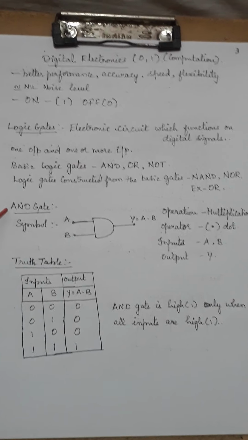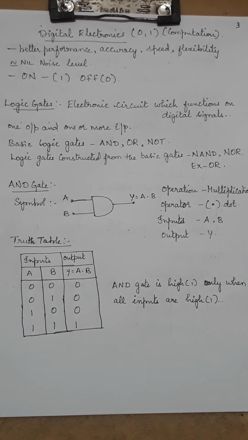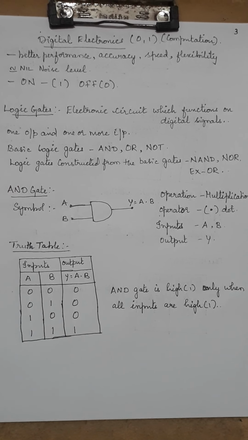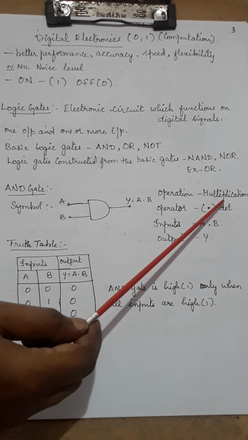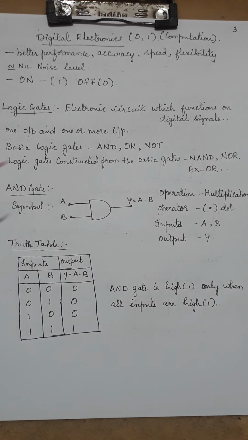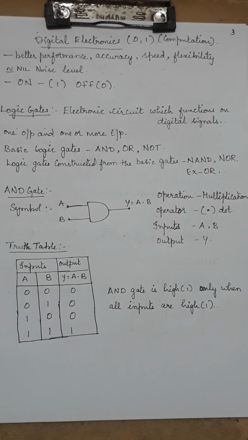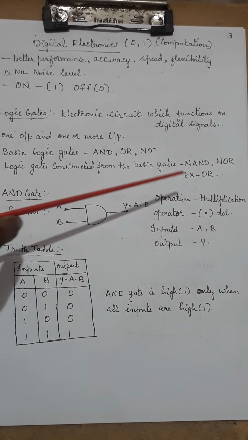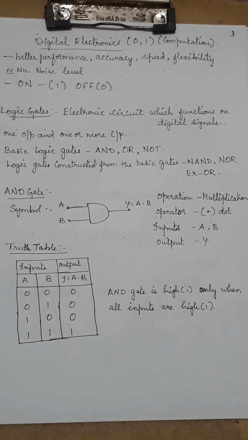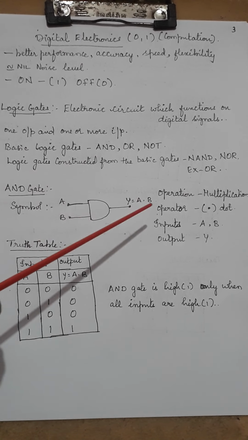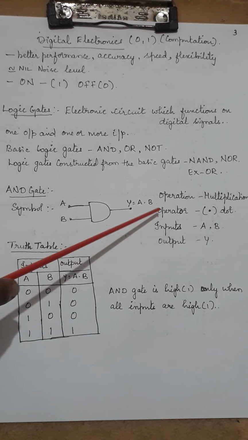So I said basically for some computation we started using electronics, or we started using the signals, right? So this AND gate, where some operation called multiplication is going to take place, but it is not arithmetic multiplication, children. It's only logical multiplication. Don't mistake it to be arithmetic. Arithmetic multiplication is different. This is only logical multiplication. So when you do some operation called multiplication, it should have some operator.